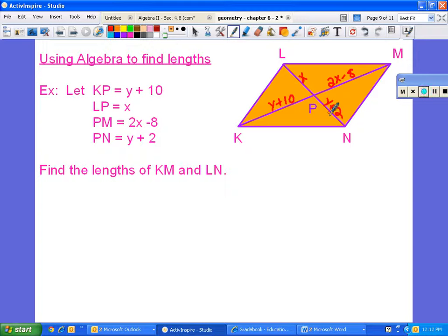So we can say that x is equal to y plus 2. We can say the same thing about the other two line segments. So we can say that y plus 10 is equal to 2x minus 8.